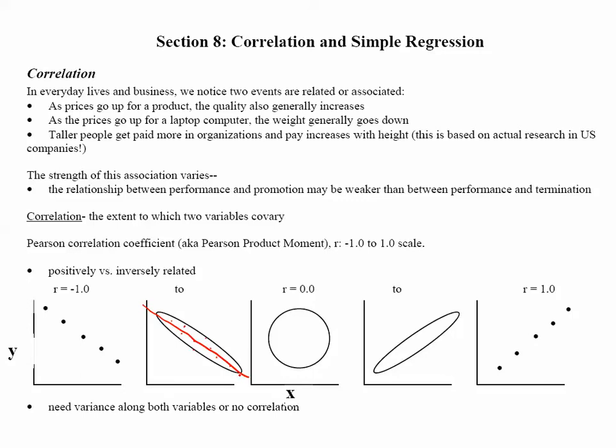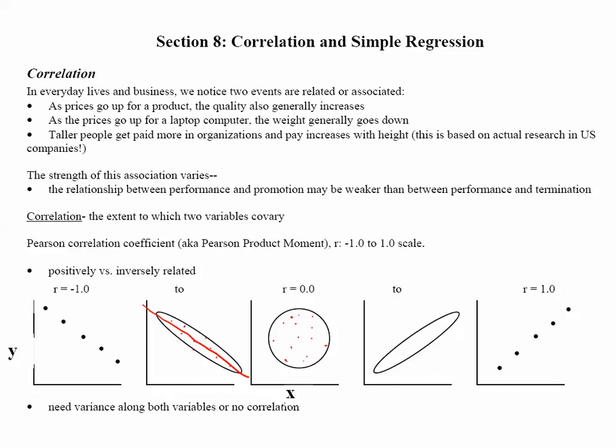In the middle example, there's no relationship. If I were to pick an x at any given point, it wouldn't correlate with any given y. An example I commonly use in class, I probably need a better example, but if we took a look at the temperature on any given day and counted the number of red cars in the parking lot, we wouldn't expect that the number of red cars and the temperature would have any direct relationship or correlation.